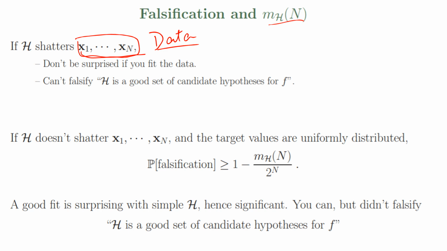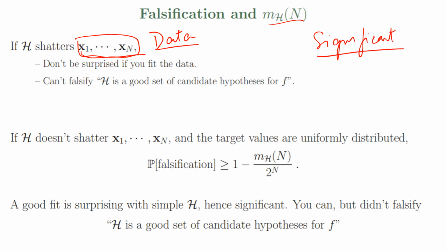So therefore, fitting the data does not mean much because anyways you'll be able to fit it, right? And so in fact, the opposite: if you fit this data set with a simpler model with very few hypotheses, then that is surprising, right? Then that really means something that's significant. And so that's what we are after.